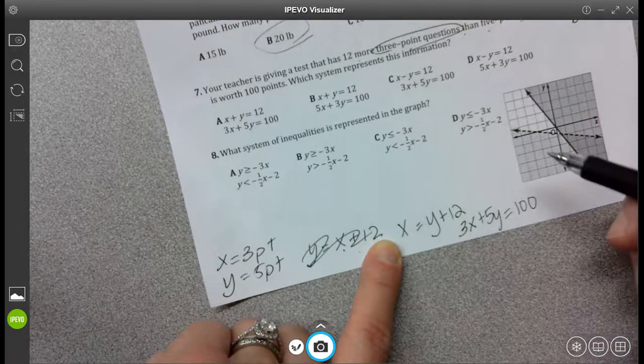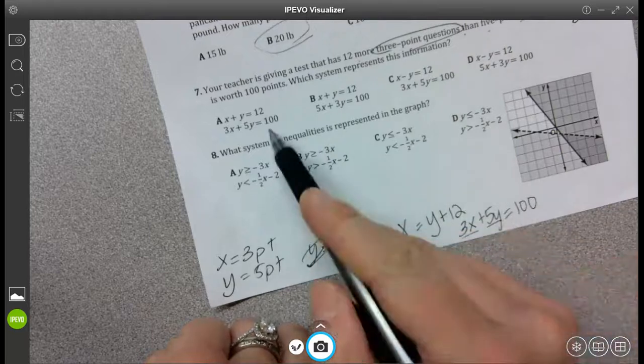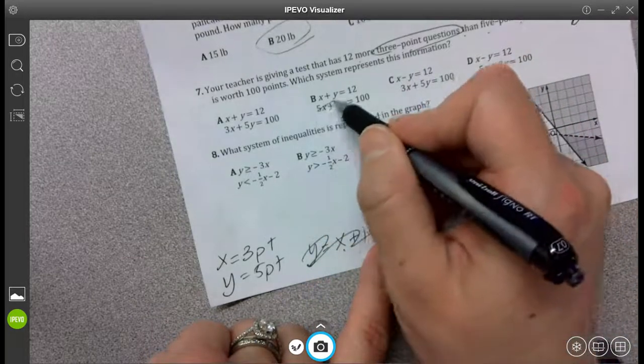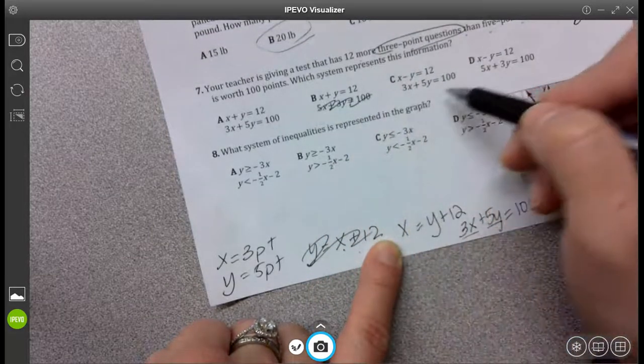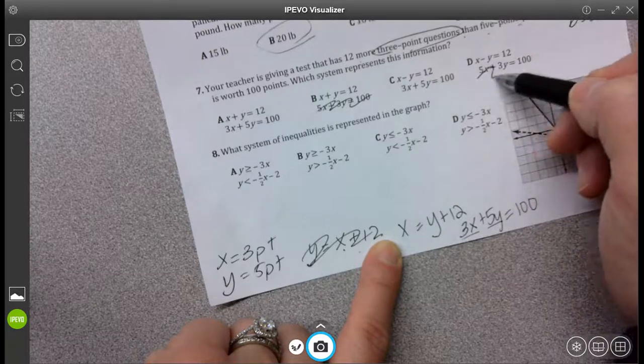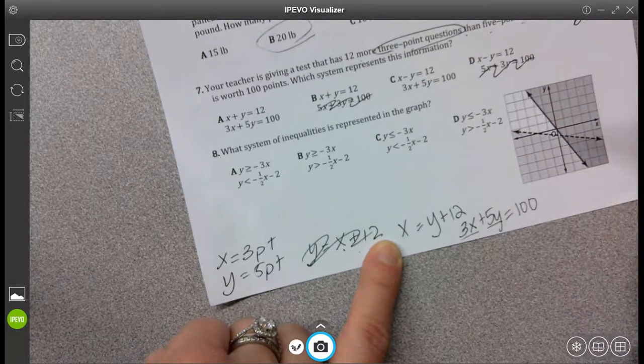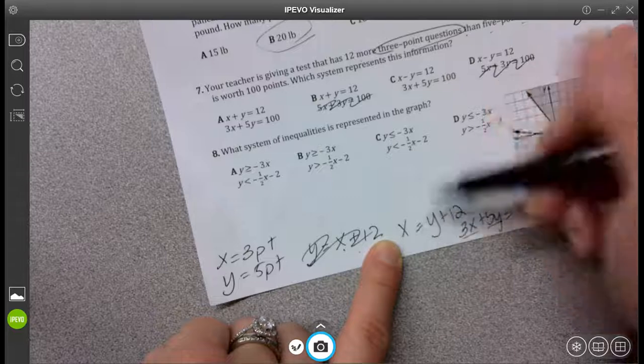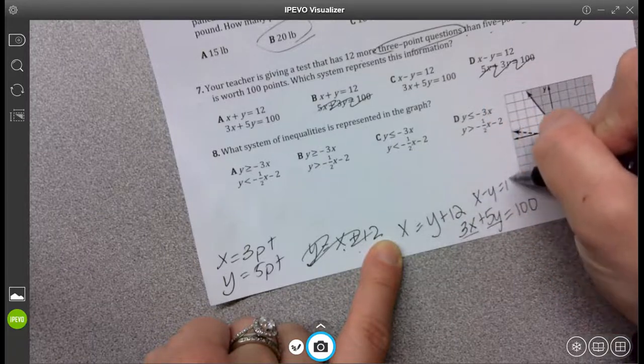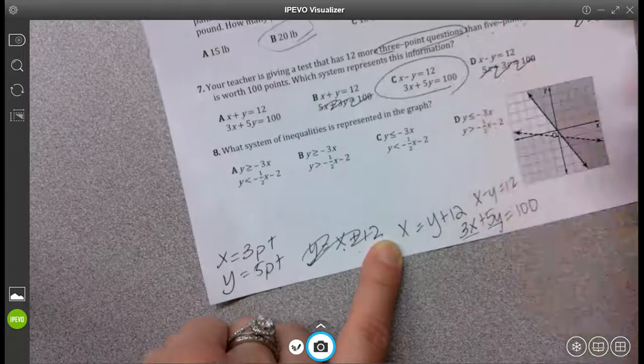So your answer would be 3x plus 5y equals 100. So this, if you move y to the other side, would be 12. Okay.